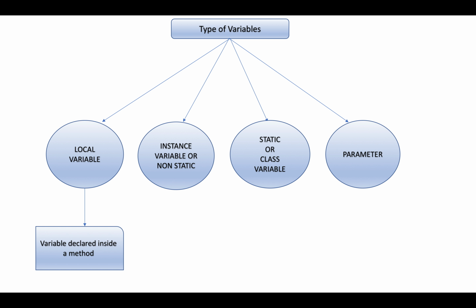Let's say if a variable is within the scope of the method, then that is called a local variable. Let's see how we can create it through coding.